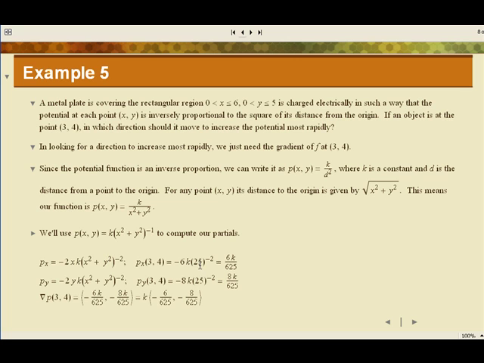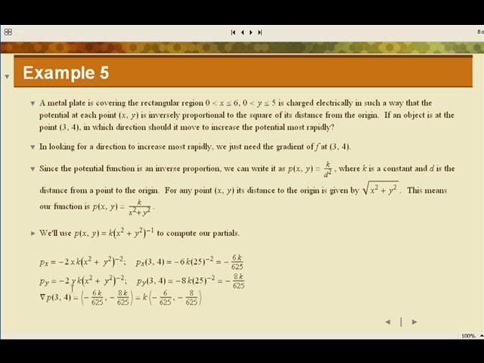And 25 to the negative 2 means dividing by 25 squared, which gives me 625. So here I get negative 6 times k divided by 625. And that should be a negative out front, so let me put that in. Same thing down here, I'm going to need a negative for that one.